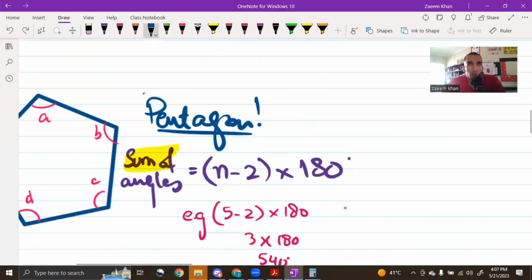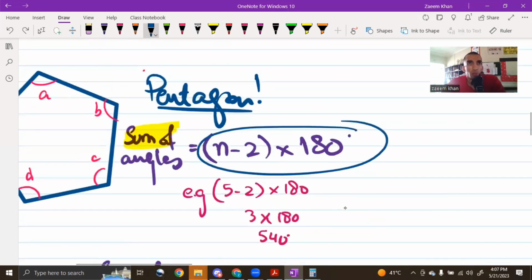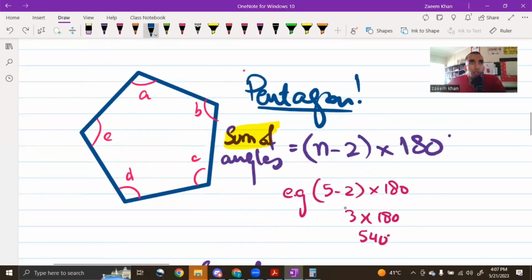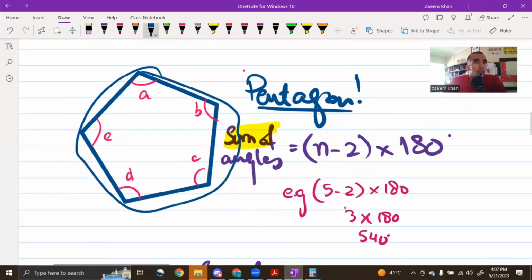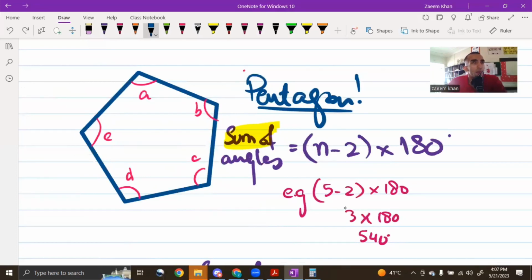This is the same way that this formula forms. N minus 2 into 180 is referring to the sum of all of these angles, right? A, B, C, D, and E. Does that make sense? Now, if I were to ask you to find the size of one angle, wouldn't you divide this entire thing that you have up here, N minus 2 into 180, by the number of sides, N, just like you did for those sweets?